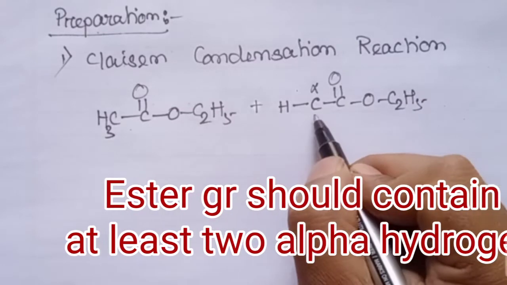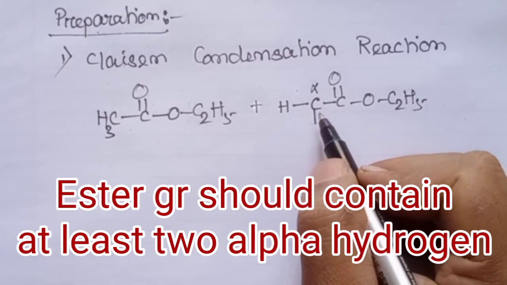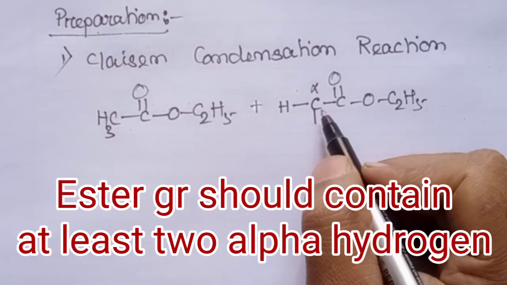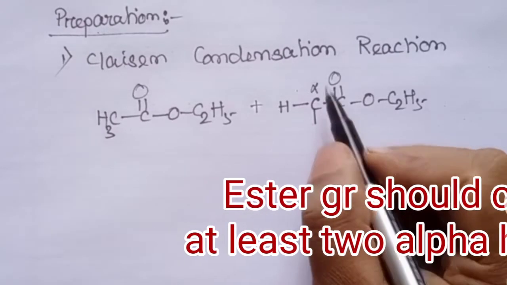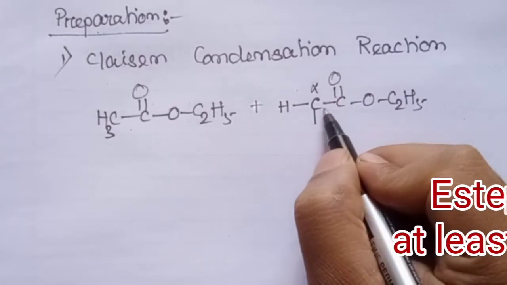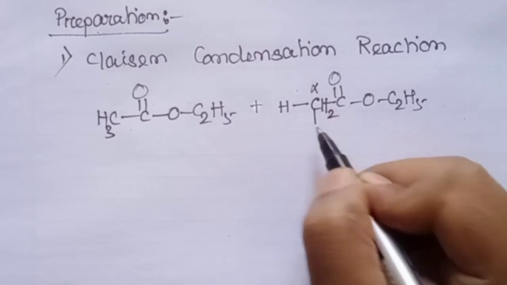The same ester can also be used, but the condition is that it should not contain only one alpha hydrogen. If it contains only one alpha hydrogen, it will not undergo Claisen condensation. So here it is, say, 2.